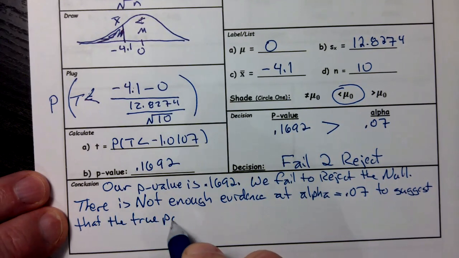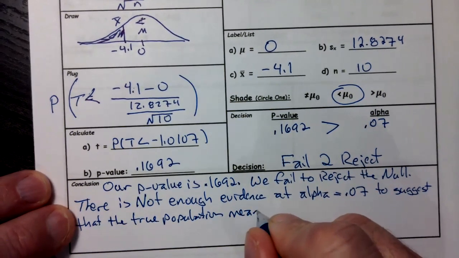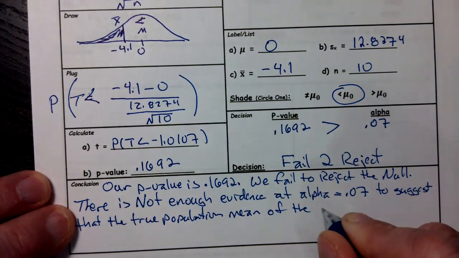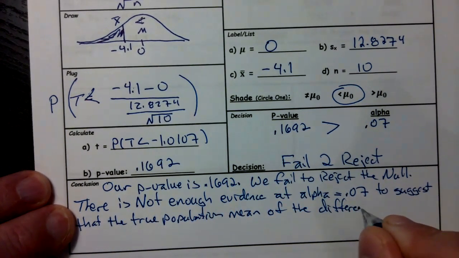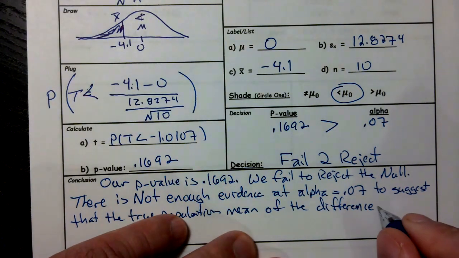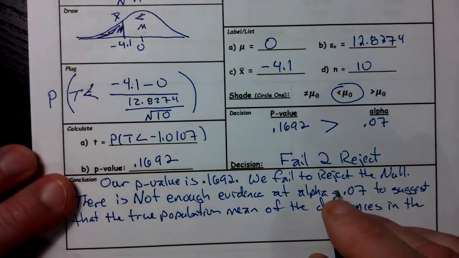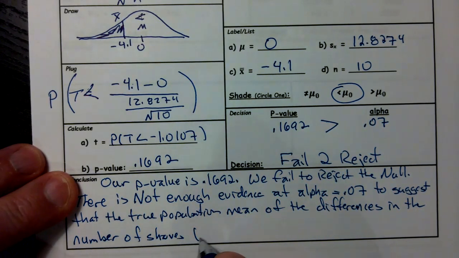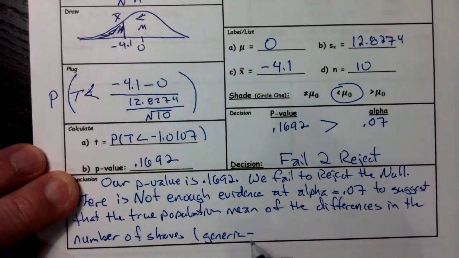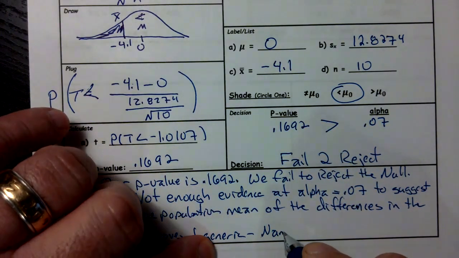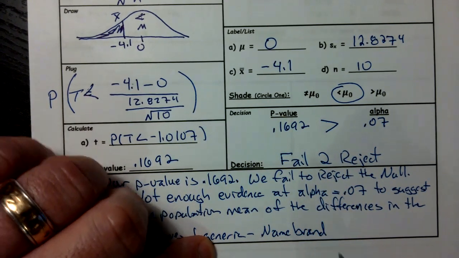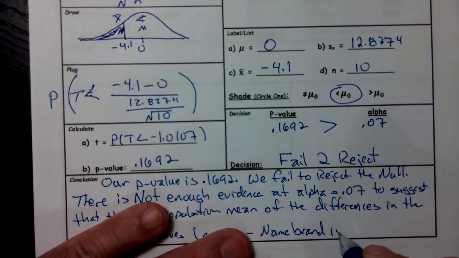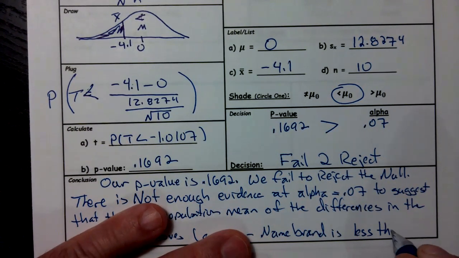True population mean of the differences in the number of shaves, generic minus name brand, is less than 0.